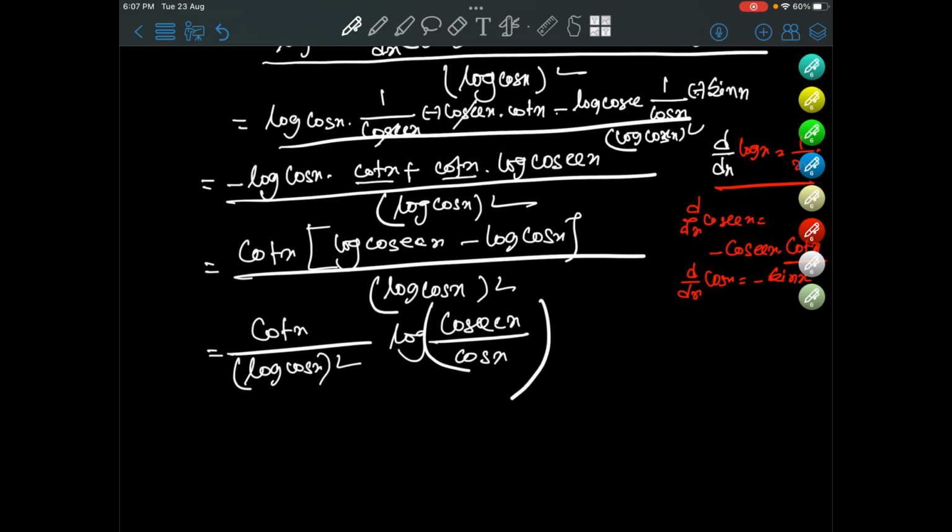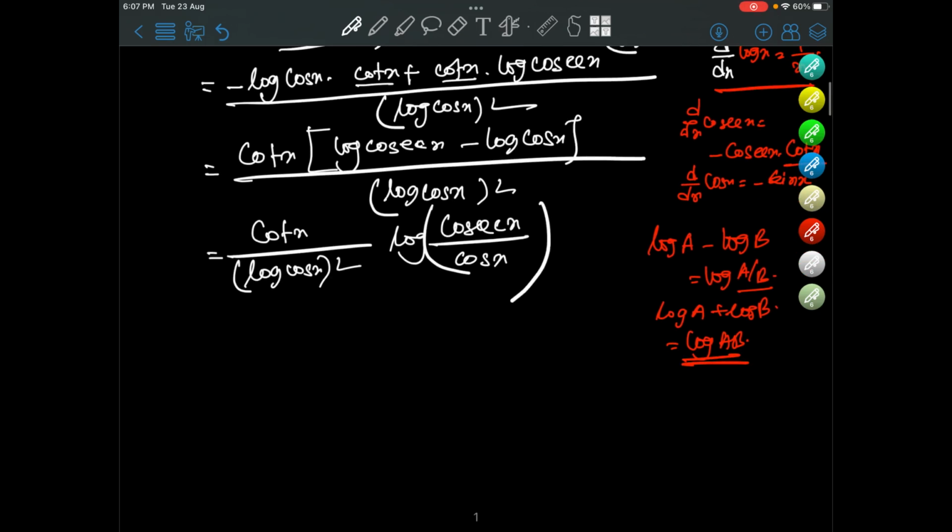How can we write it? Because in logarithms, log a minus log b equals log of a by b. For addition, log a plus log b equals log of a into b. Here we are performing subtraction, that is why we are getting division. So log of cosec x by cos x, getting our function in division.